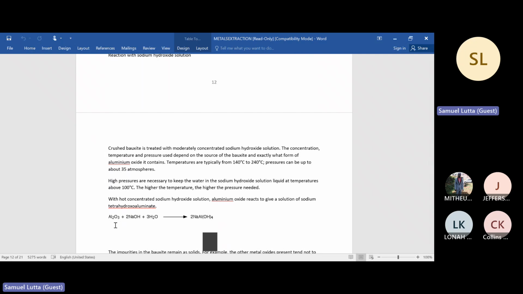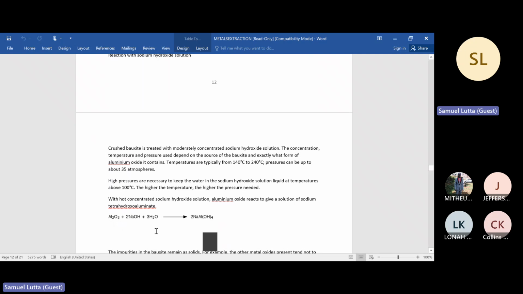So we react aluminium oxide with sodium hydroxide in the presence of water. What you get is sodium aluminate. It forms a complex.